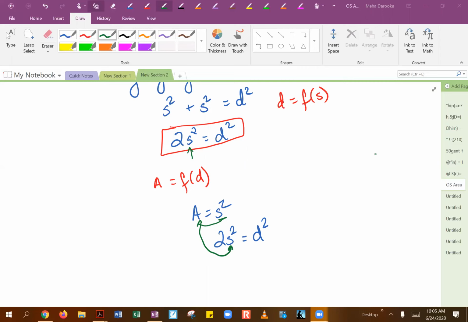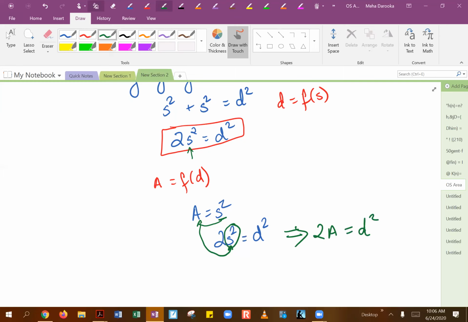Yeah, exactly, Meredith. That's kind of what I was looking for. Thank you. If you make the substitution of the S squared with your area A, you are making that composition, because now you're going from S to the A terms, which gives us 2A, which would equal D squared.